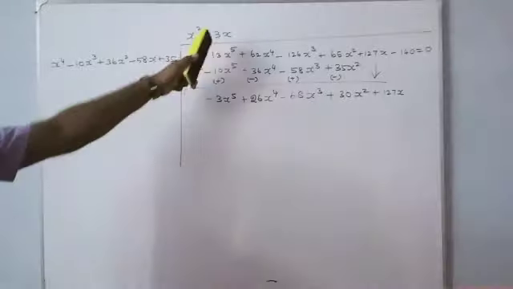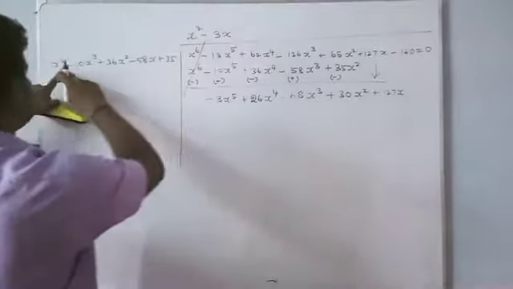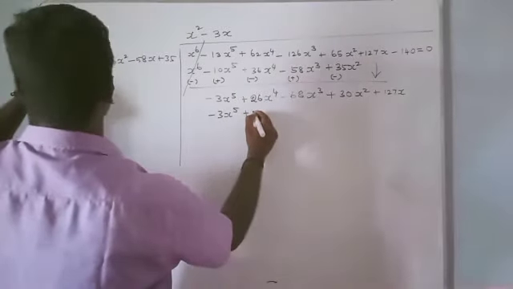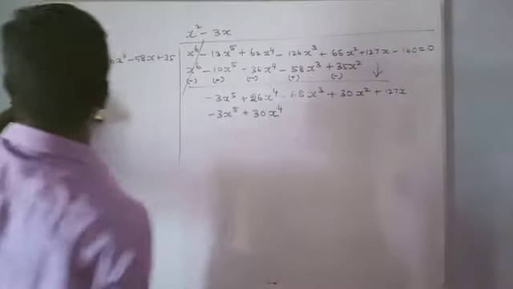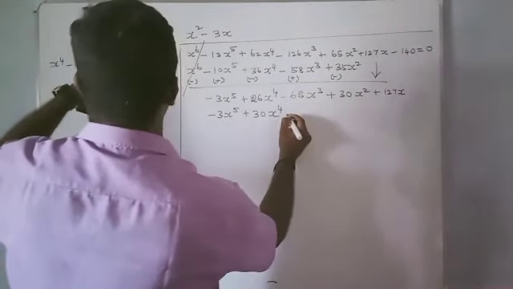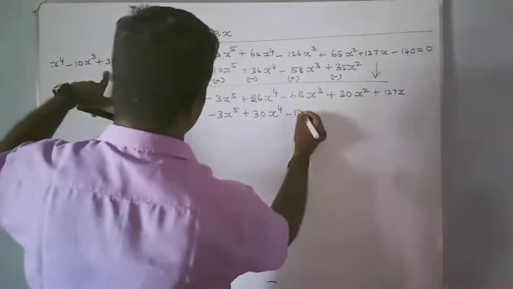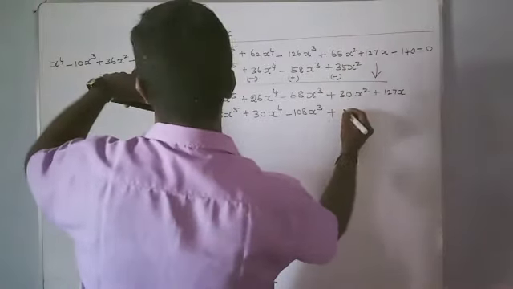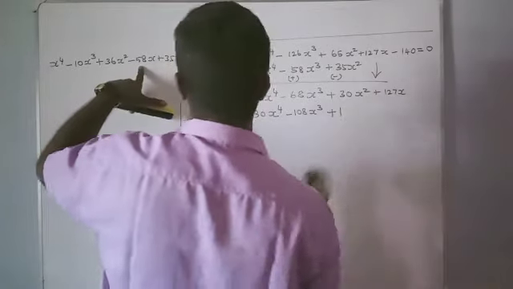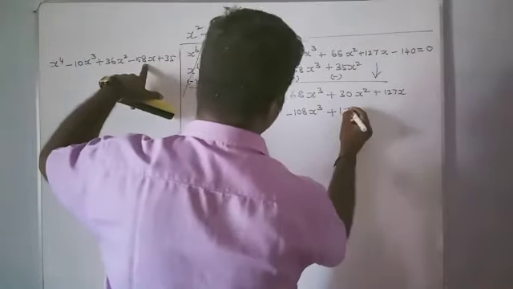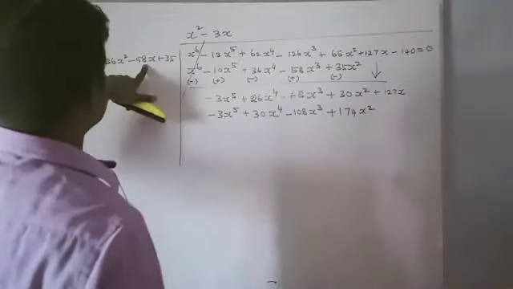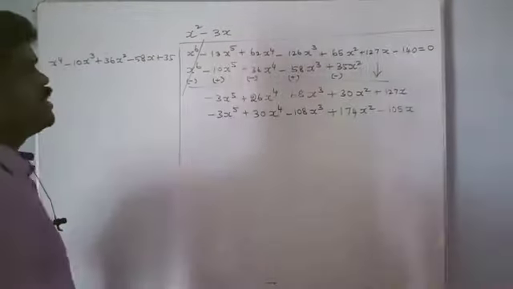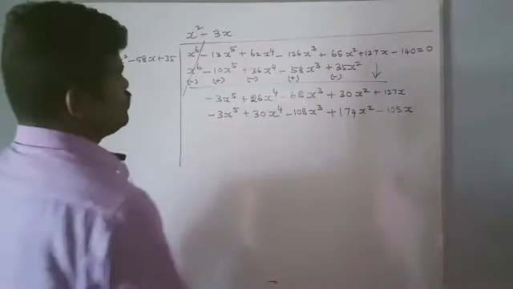Multiply minus 3x into x power 4, minus 3x power 5, and minus into minus gives plus 30x power 4, then minus 108x cube, and plus 174x squared, and minus 105x, since 3 into 35 is 105x.